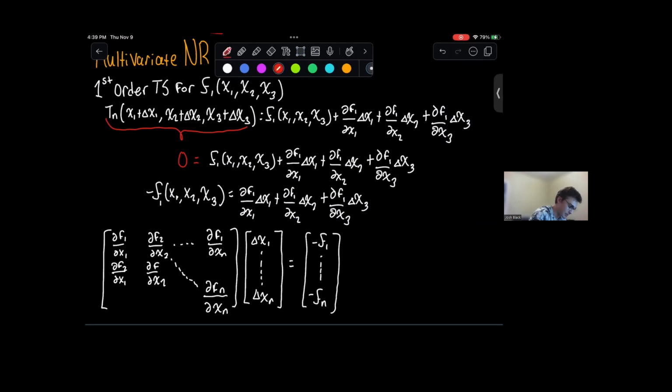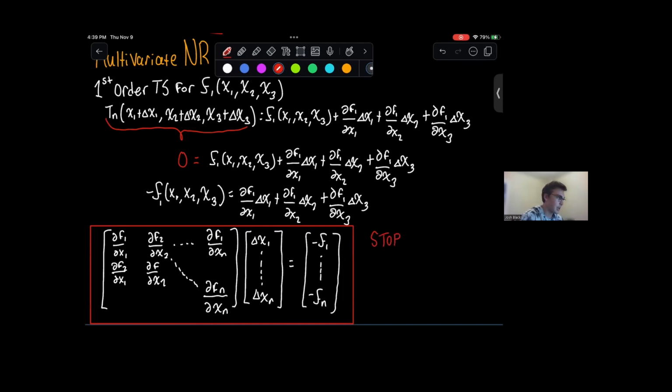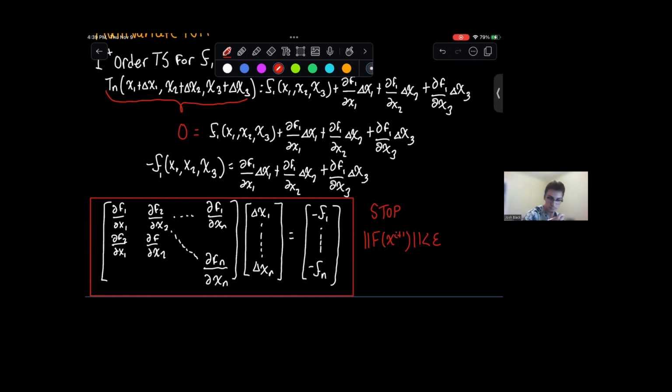Now our stopping criteria is going to be a little bit different. We're only going to stop if the magnitude of our f matrix at xi plus 1 is less than our tolerance. Now, just like before, our new x's, xi plus 1, is going to be equal to xi plus delta x.